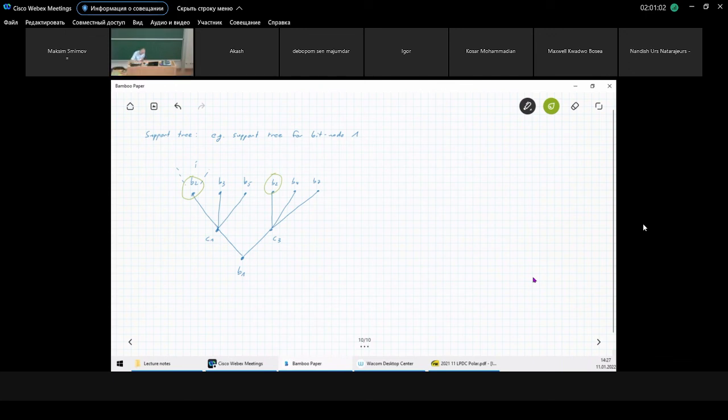So in this tree, I can easily identify cycles. So here we have a cycle of length 4, over bit node 2.